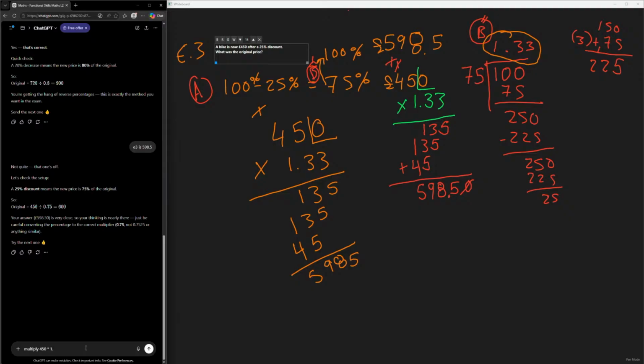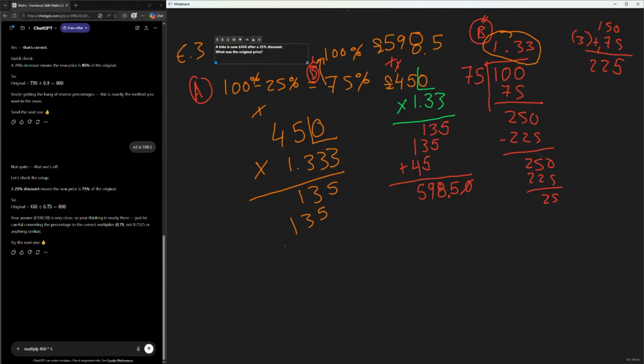Wait a second. What if this one here was this? So we would have one more. So maybe it added all the three values.